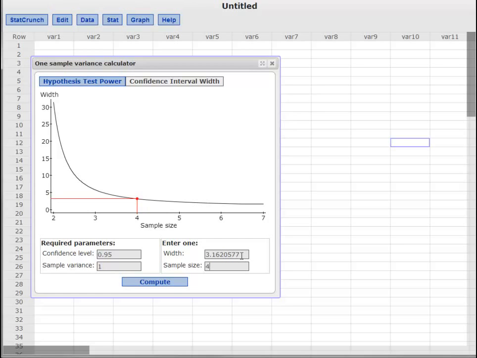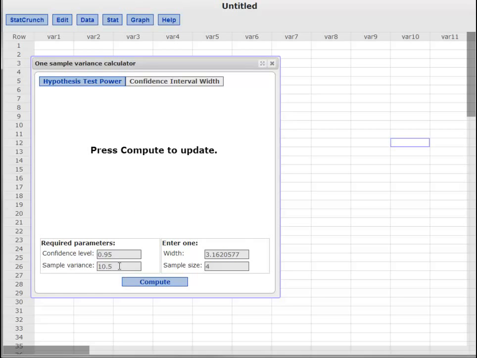But if we want to go in the other direction, so we want to be 95% confident. Let's say we go back to our IQ scores with a variance of, sorry, variance, right? Not standard deviation. So the variance was like 121. And we want our interval to be within, let's say, 5 IQ points.